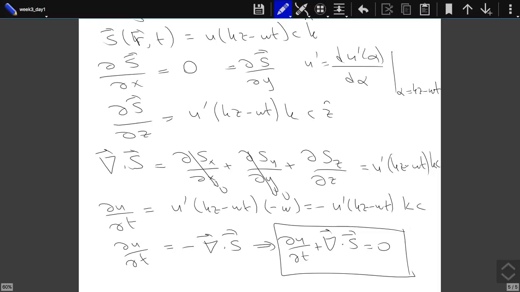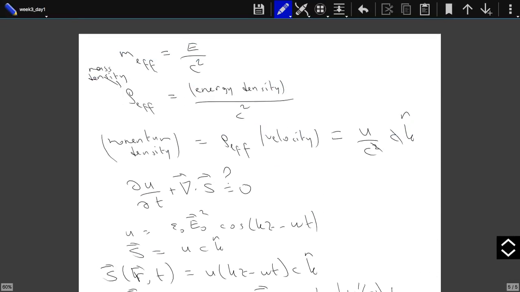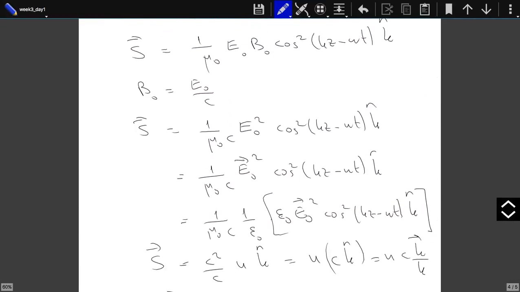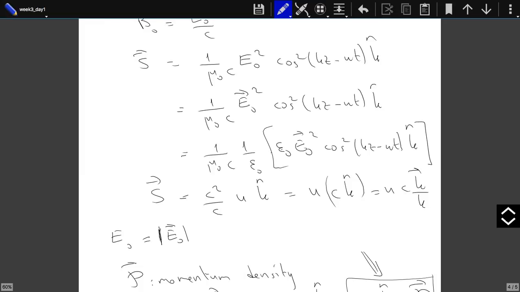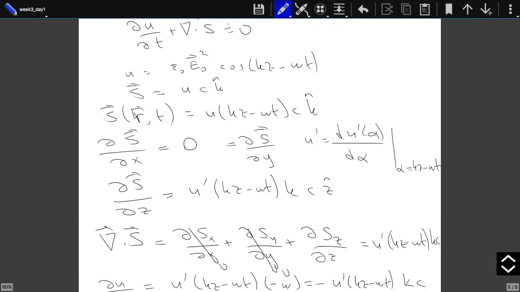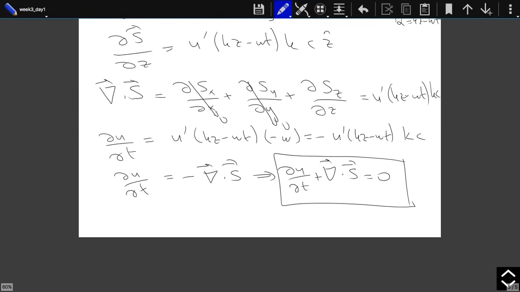Sure, but that is somewhere out of my volume. I cannot use these expressions of the Poynting vector, the momentum density, energy density; they are valid only in this volume where there are no charges. And since we have shown that it satisfies this continuity equation, what this demonstrates explicitly is that within this volume, energy is conserved.